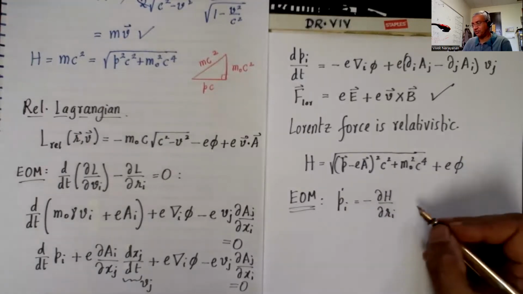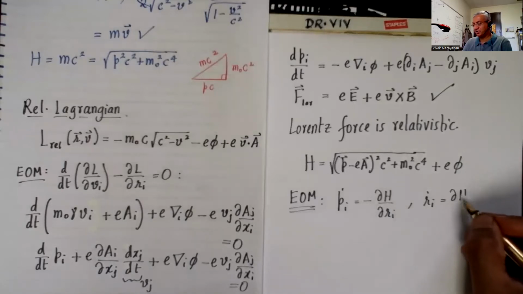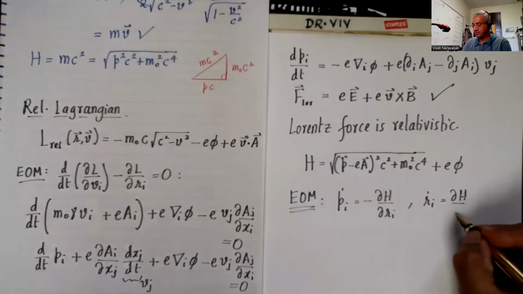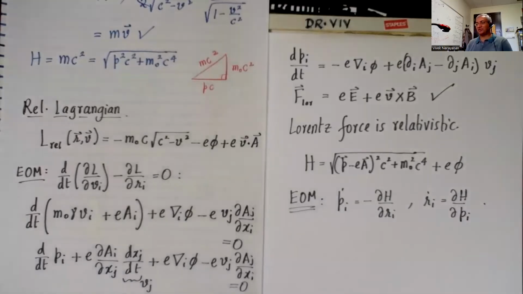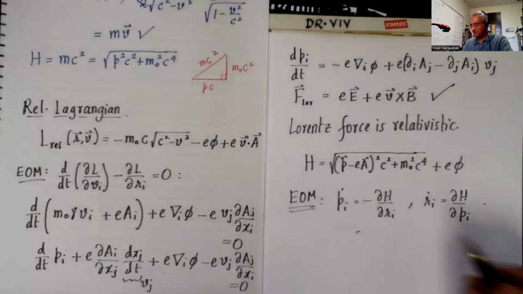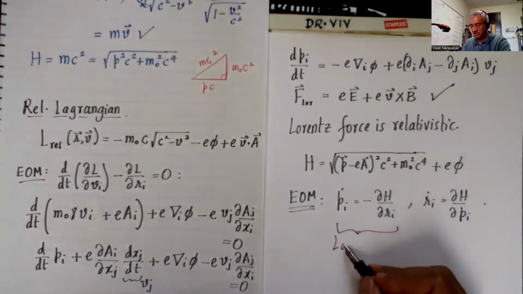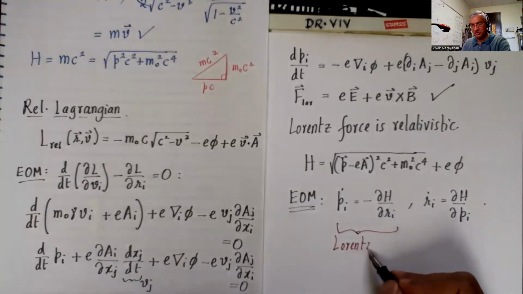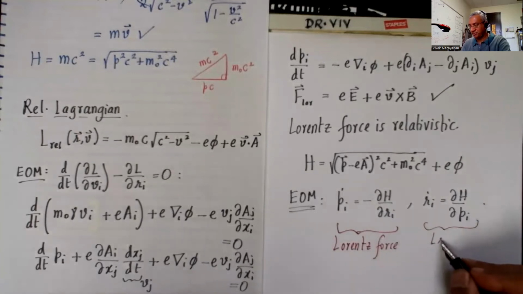That'll give you the Lorentz force, and then R_i dot equals del H over del p_i. That'll recover for you the Legendre transformation. So I'll write here, this is the Lorentz force, and that's the Legendre transformation.